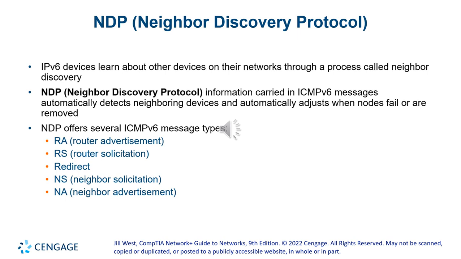So now for IPv6, you don't have ARP. IPv6 has NDP, the Neighbor Discovery Protocol. Through NDP, your computer will send multiple types of messages: the router advertisement, the router solicitation, a redirect, the neighbor solicitation, and the neighbor advertisement.